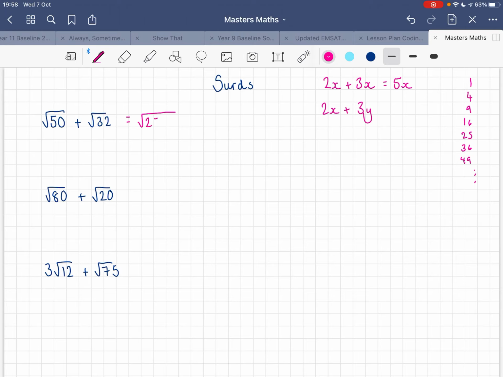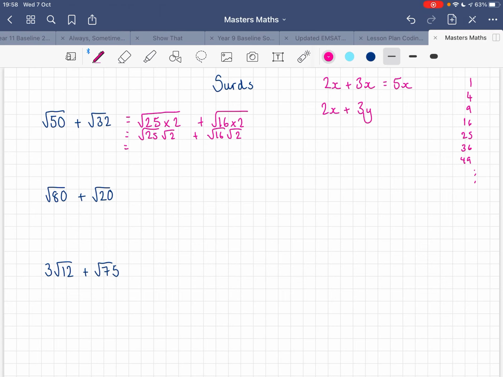So the square root of 50 is the same as the square root of 25 times by 2. And 32, as we did on the last slide, is 16 times by 2. Okay, so we split the surds up. We've got root 25, root 2, plus root 16, root 2.